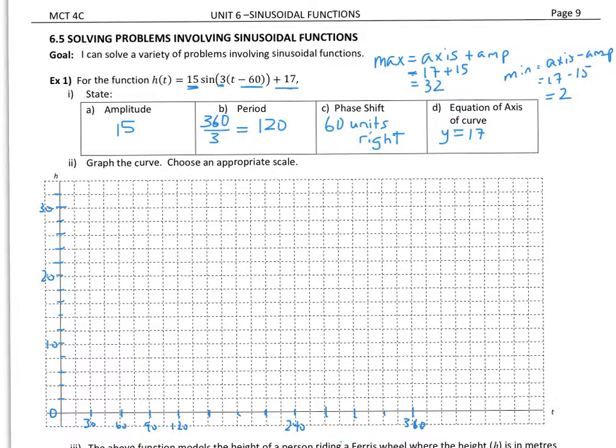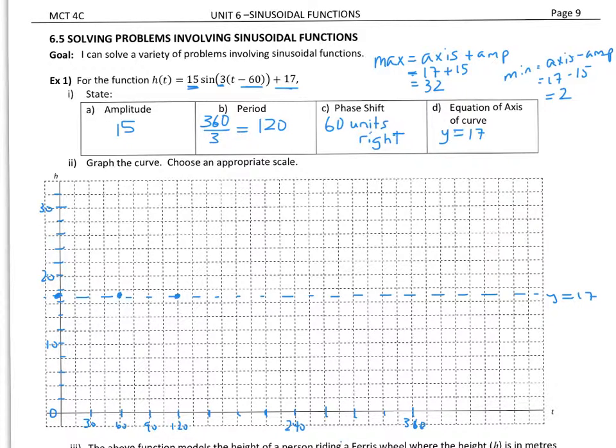All right, to graph this, I know the axis of the curve has to be at 17, so I'm going to dot in where that axis will be, halfway between my 16 and 18 mark. So that's y equals 17 right there. And I'm going to ignore my phase shift for a moment. I know that sine has the y-intercept on the axis of the curve, and then it lands at the end of its cycle on the axis of the curve, and halfway in between the start and the finish of one cycle, I should also be on the axis of the curve.